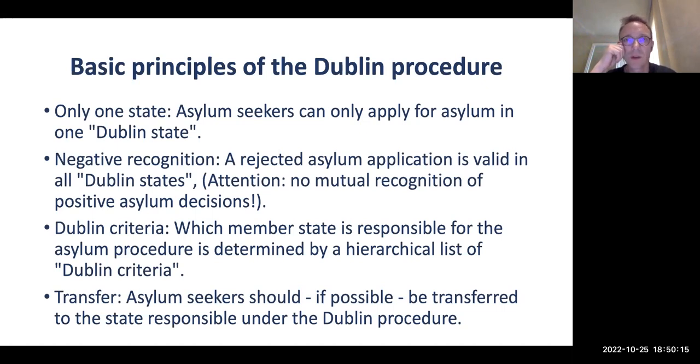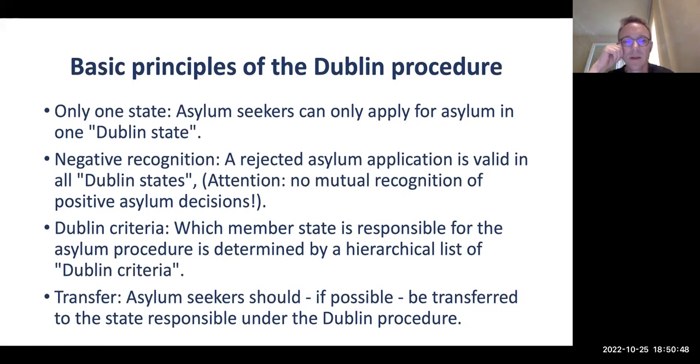Dublin criteria is very important. We go through it quickly afterwards. The member states check who is responsible for the asylum application through a provided list of Dublin criteria. And these are highlighted in a hierarchical sense. So you have to go first to the first criteria, second criteria, third criteria, and only if this third criteria is not possible, then you go to the fourth criteria, and so on.